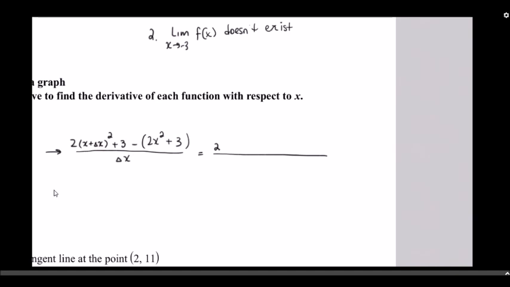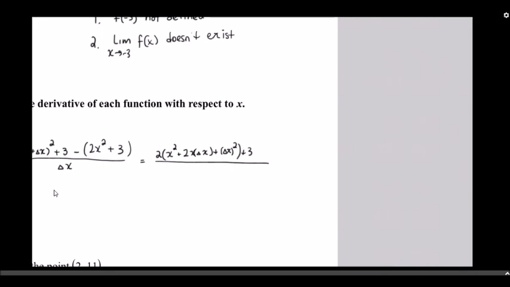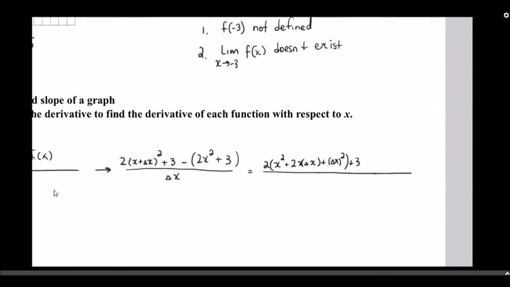The x plus delta x to the second power is going to become x squared plus 2x delta x plus delta x squared, and then the plus 3, and then here I'm going to subtract.